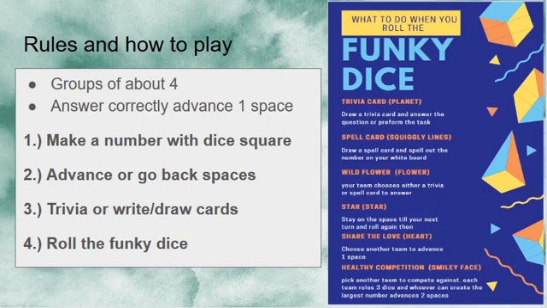Students will roll the dice one by one to create the number. Once they roll the first die, they will place it in the center of the board under the ones place. Once they roll the second die, they will place it in the center of the board on the 10 space, and so on.